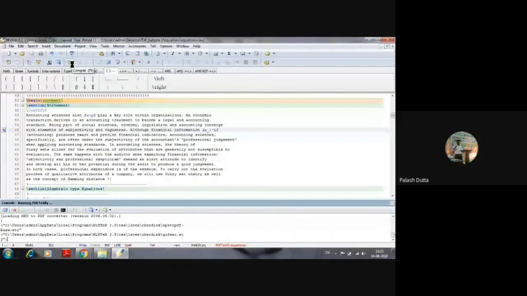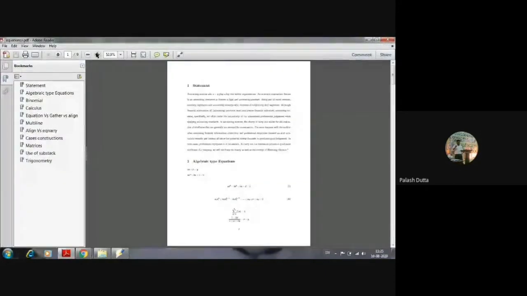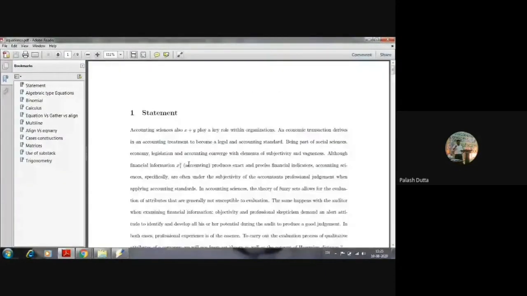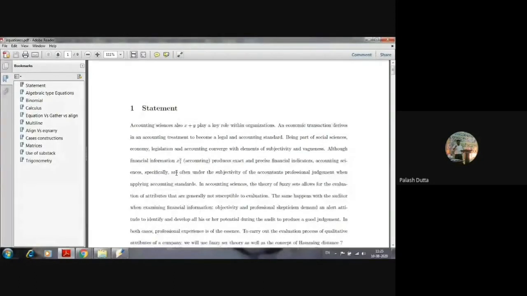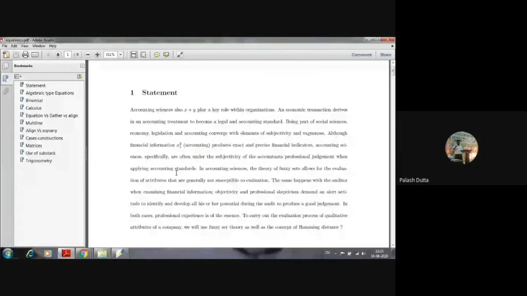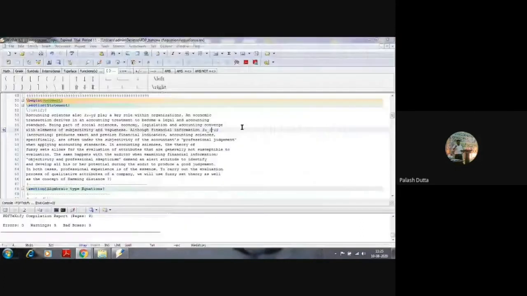See here, this is x1 square. So in this way we can add symbols and mathematical expressions in a statement, in between the statements, right? So now come to some algebraic equation.